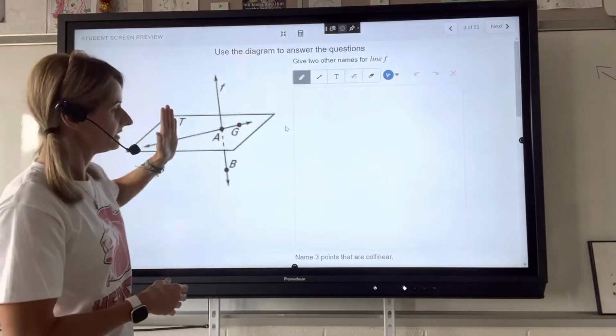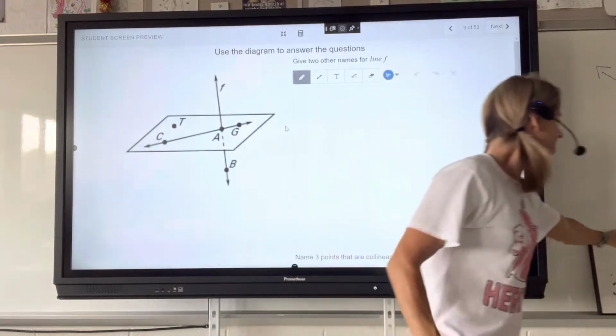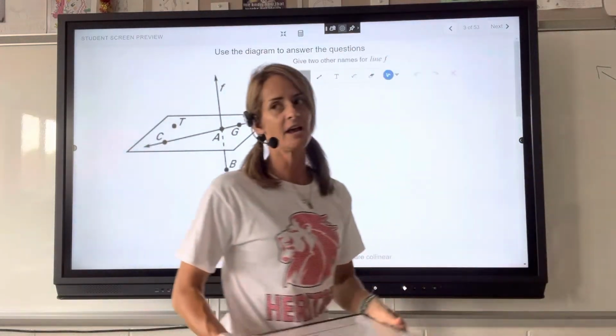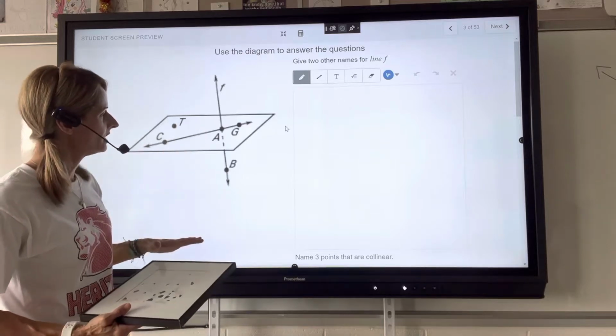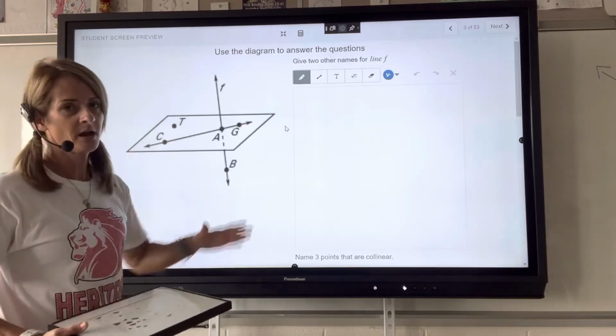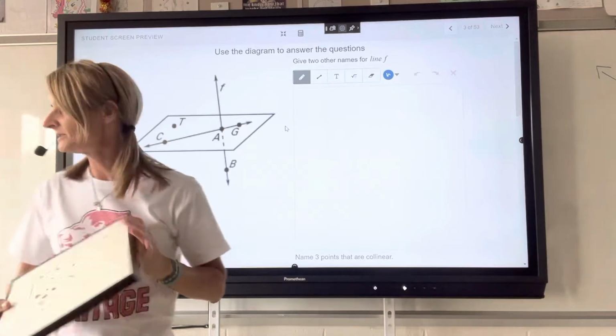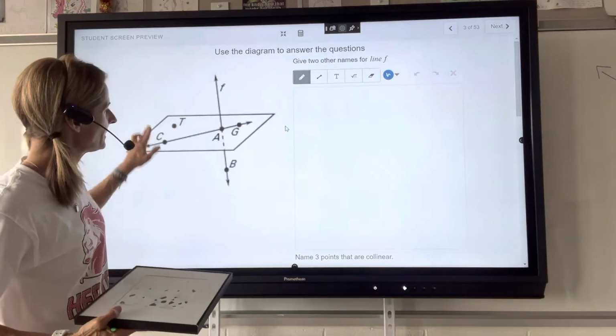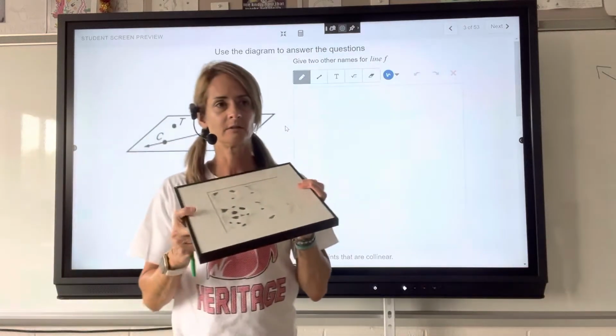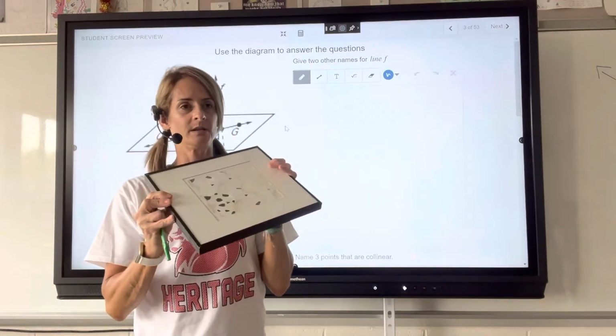So notice, before I start, some of these diagrams are kind of hard to understand what's happening here. This is a three-dimensional diagram that they're putting on a piece of paper. So it's kind of hard to see. But what's happening is this parallelogram here is a plane, and it goes on forever, but they had to represent it somehow.